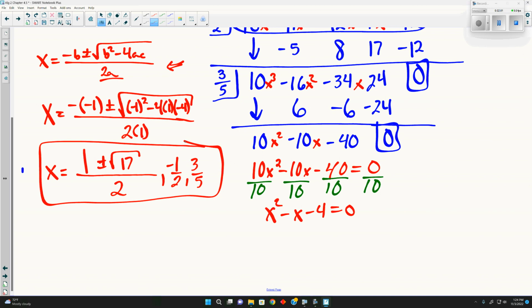Those are all of our zeros. Those are all of our solutions. And it's kind of a good thing we went on and did the quadratic formula for this, because it also means none of the other rational zeros would have worked. Because 1 plus or minus the square root of 17 over 2 is irrational, it wouldn't have showed up.